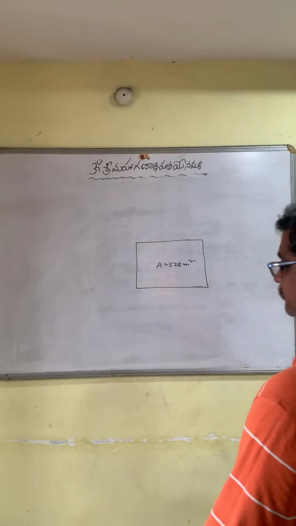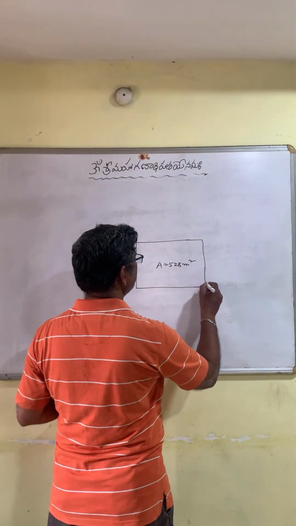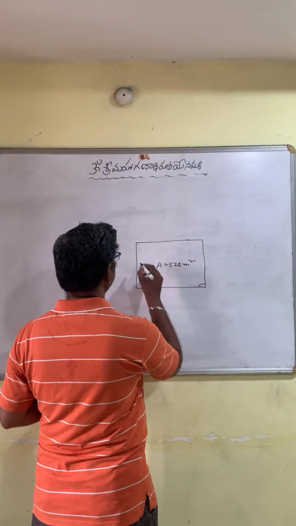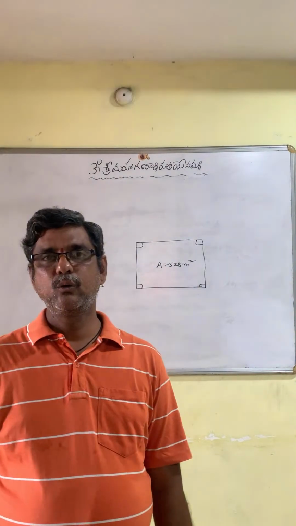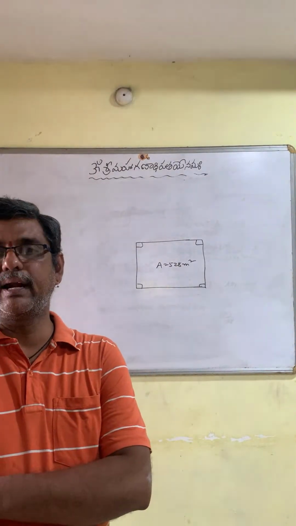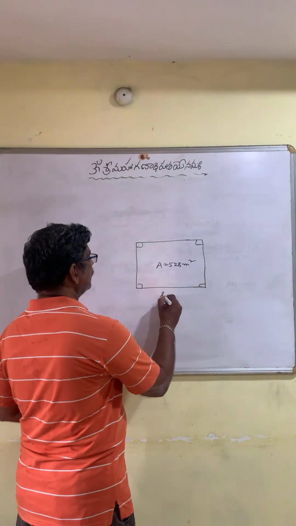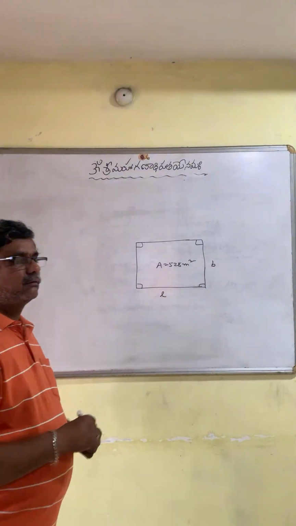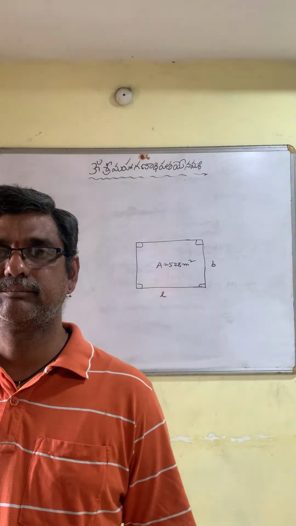Okay? It's a rectangular pool, in the shape of a rectangle, whose area is 528 meters square. I want to find out its length and breadth.